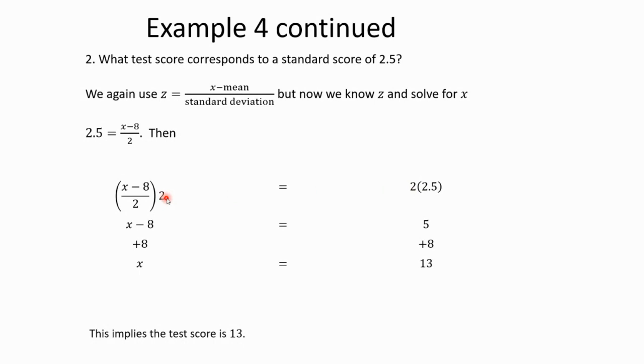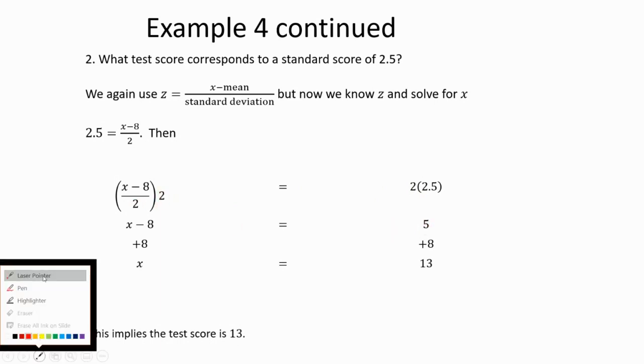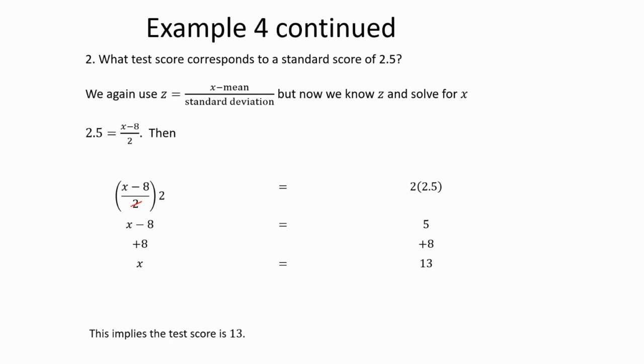Remember, multiplication you can do in any order you want. So the 2 here is on the right, here it's on the left, but that's fine. And 2 times 2.5 we know is 5. When you multiply by 2 here, these are going to cancel, and you're left with x minus 8.